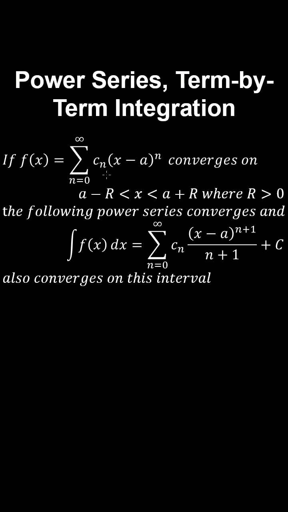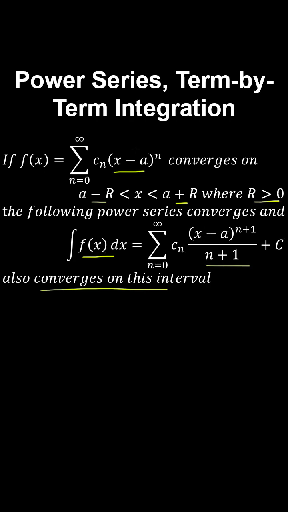If a function is defined by a power series centered on x equals a, which converges on the open interval from a minus r to a plus r, where the radius of convergence is greater than 0, then the following power series converges, and the integral of the function also converges on this interval. The radius of convergence of this series is the same as the radius of convergence of the original power series.